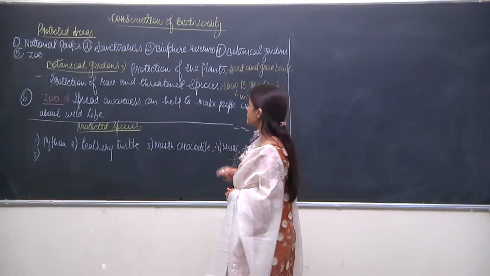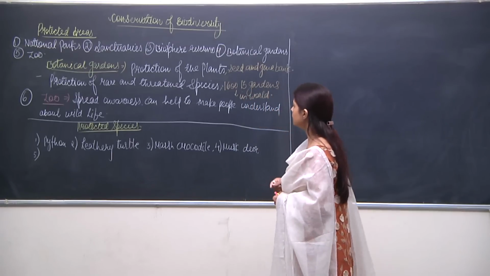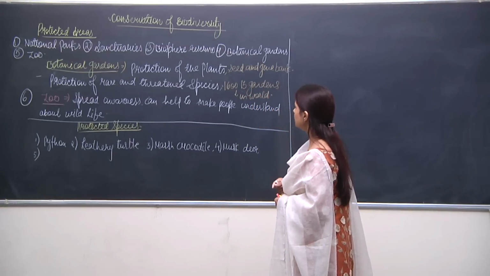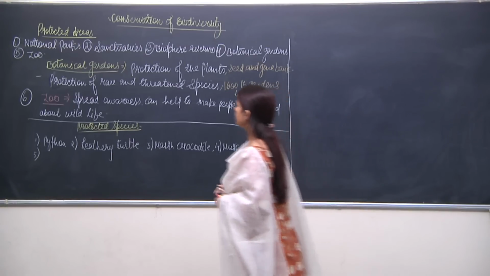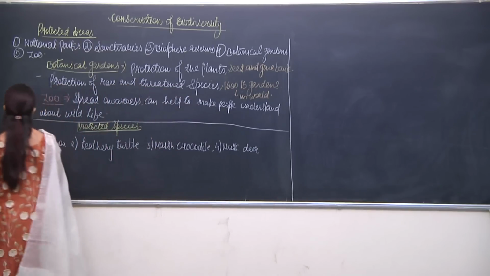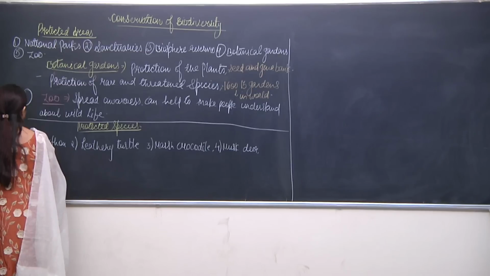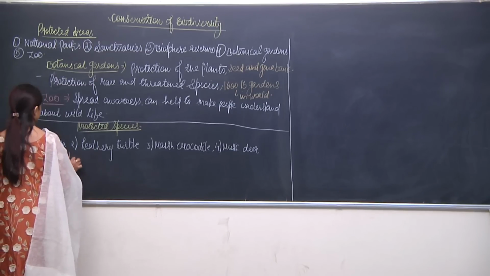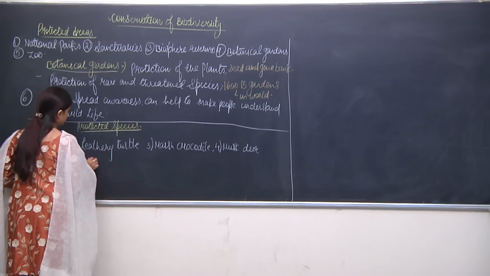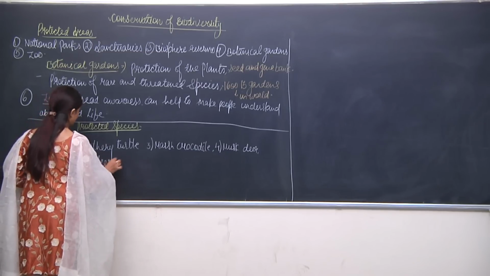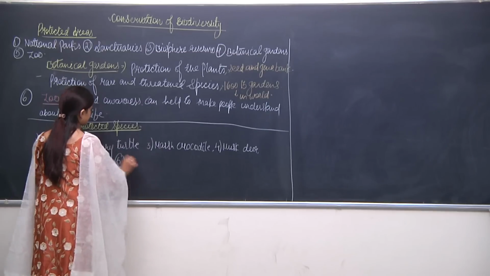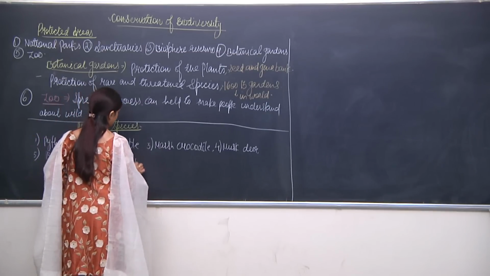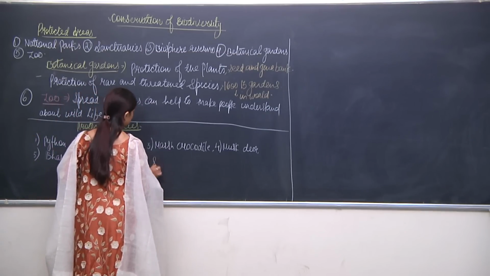So first is python, then leathery turtle, marsh crocodile, musk deer, and I can write even Bharat's farm deer, and number 6 is albino snow leopard.